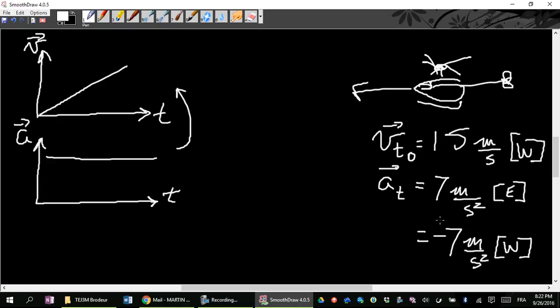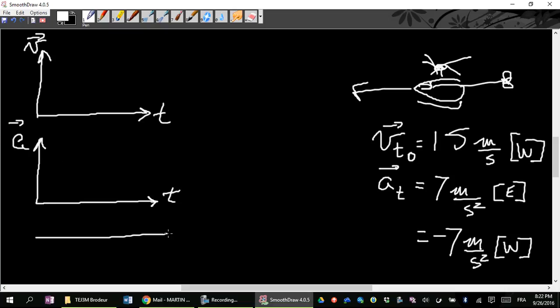Okay. So, what about I erase my last couple of drawings? It's just this line I need, right? So we know it's going to be a negative acceleration. So it's going to go here, and it's at -7. Right?